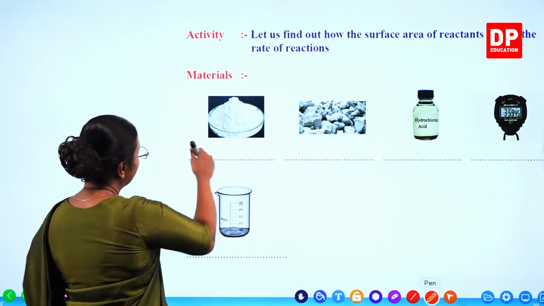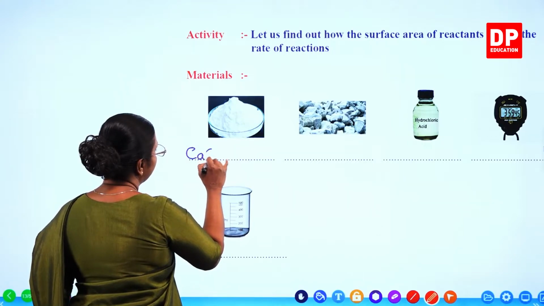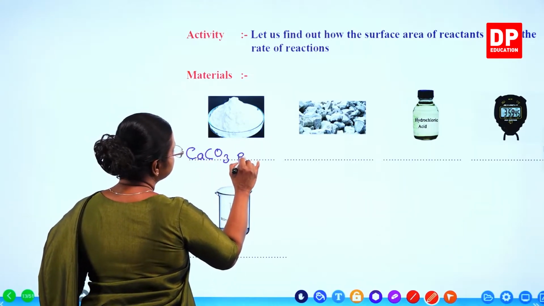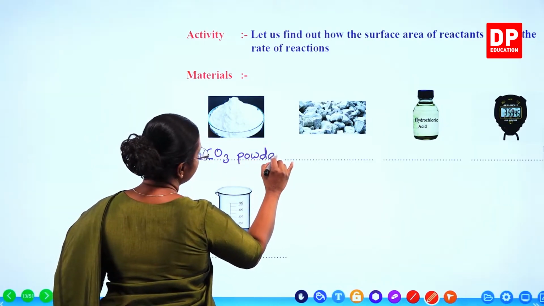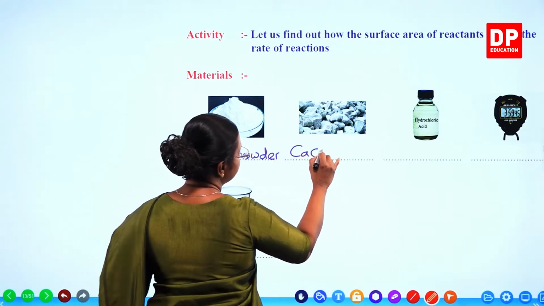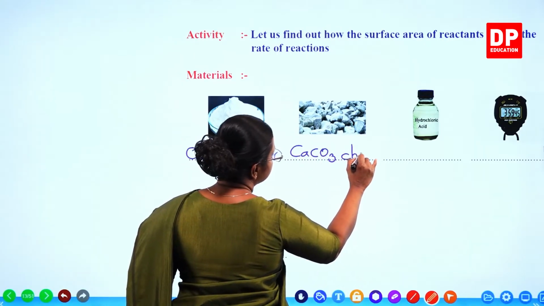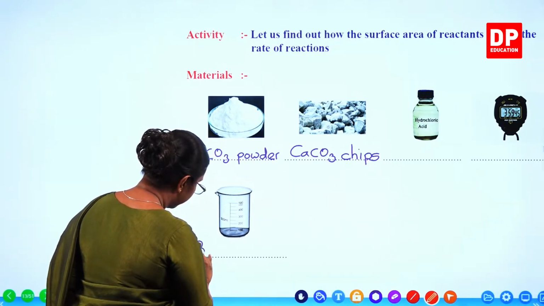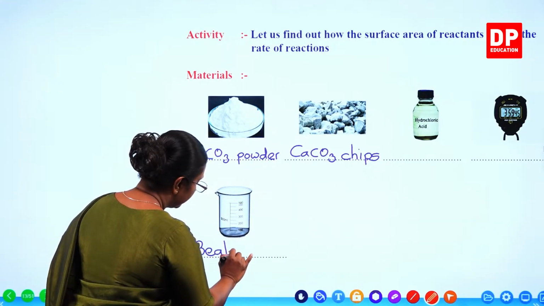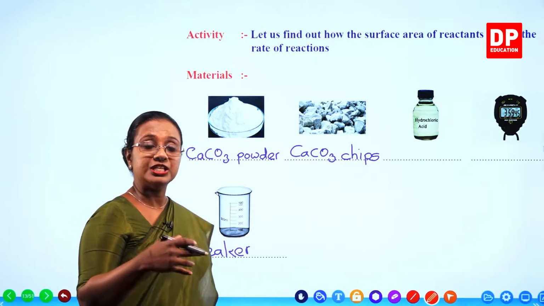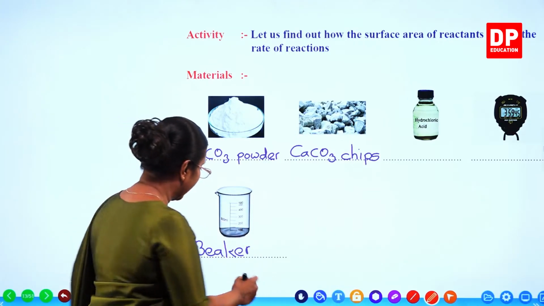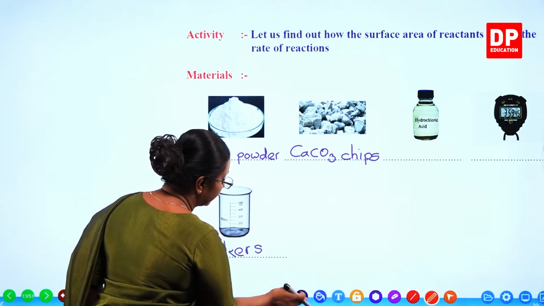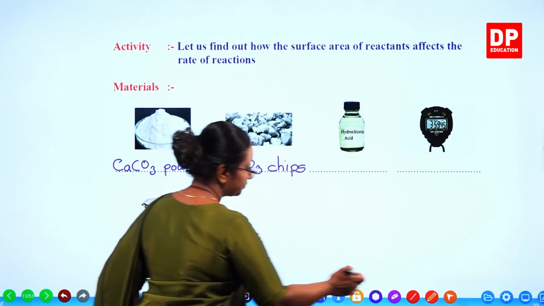So, for that we have calcium carbonate powder and calcium carbonate chips. Then we need to have beakers. You can use one beaker, wash it and reuse it, or you can have more than one beaker at a time and do the reaction.